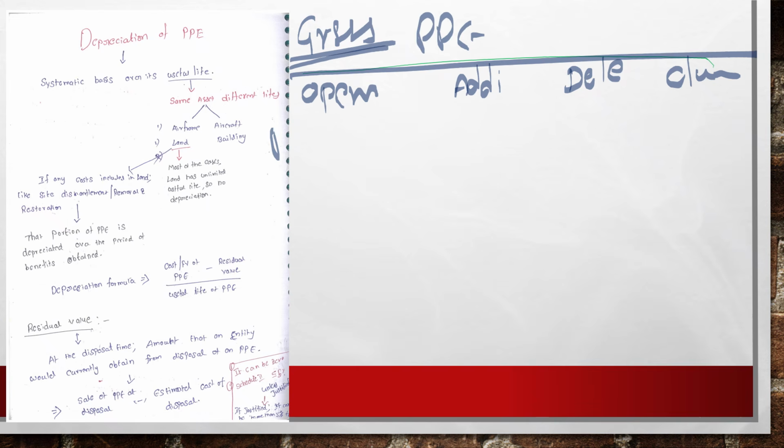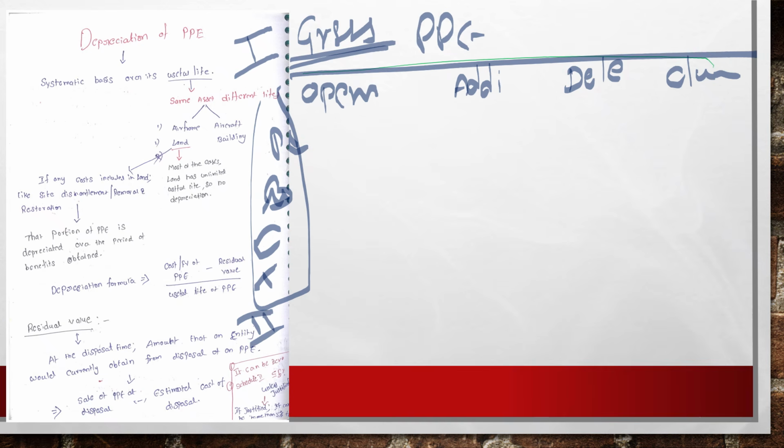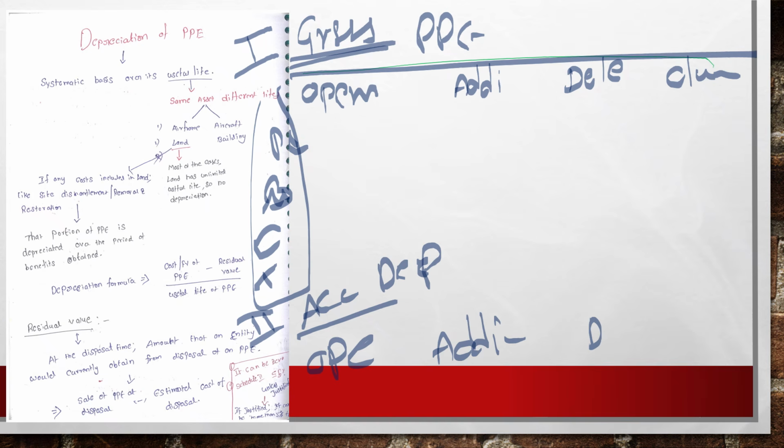Class-wise, plant and machinery, buildings, computers, TV, every class will come here. And then class 2, what is this? Accumulated depreciation. Accumulated depreciation also: opening accumulated depreciation, additions during the year and deletions during the year, and closing accumulated depreciation.